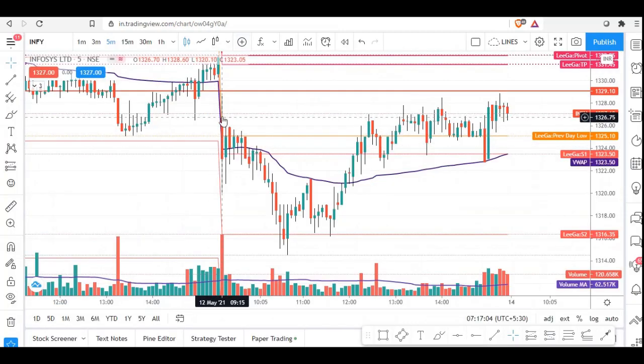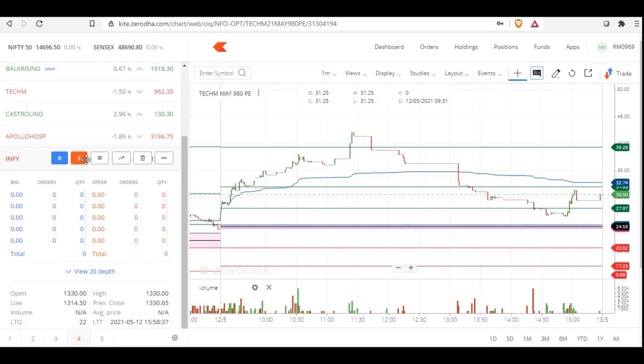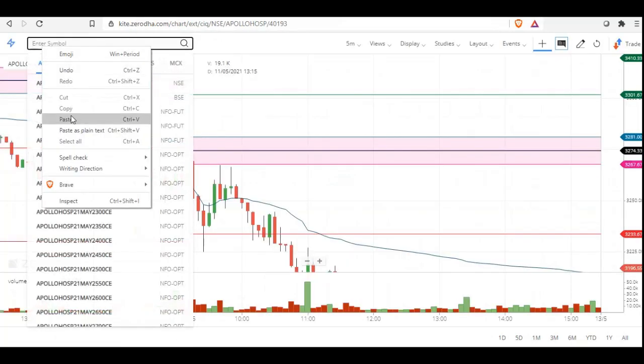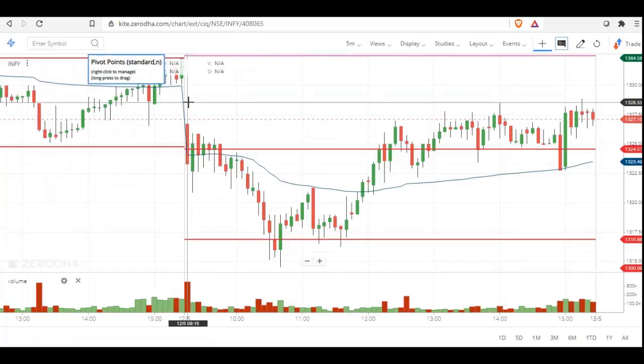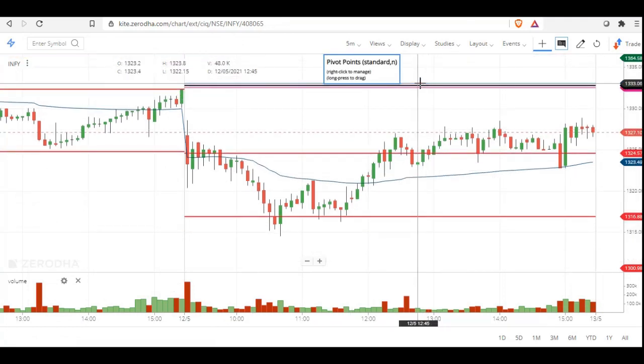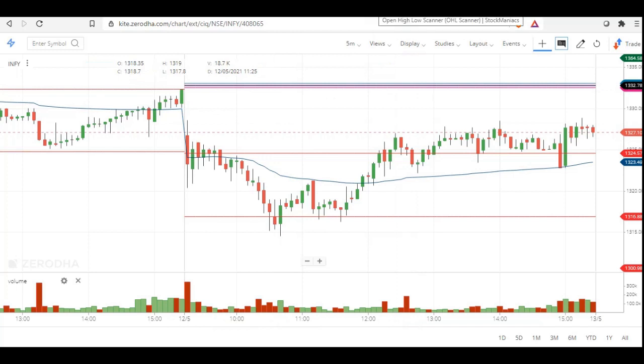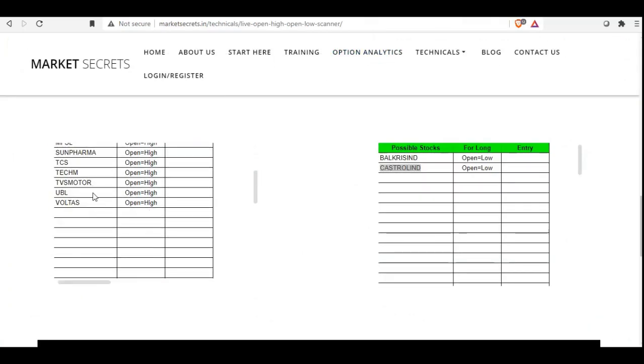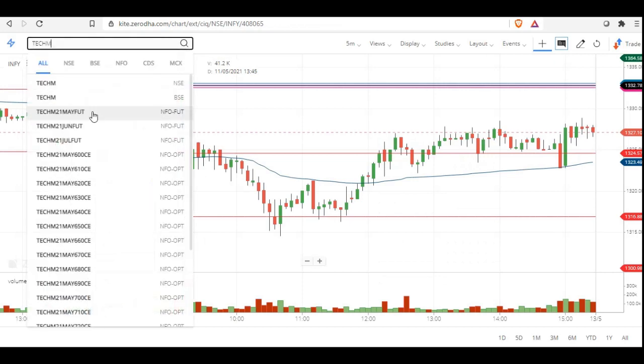Well, it's correct data. Open is high, yes. Here it's not correct. Open is high, so we can go for it. Otherwise, we can check with the NSE India site. Okay, here is wrong data.